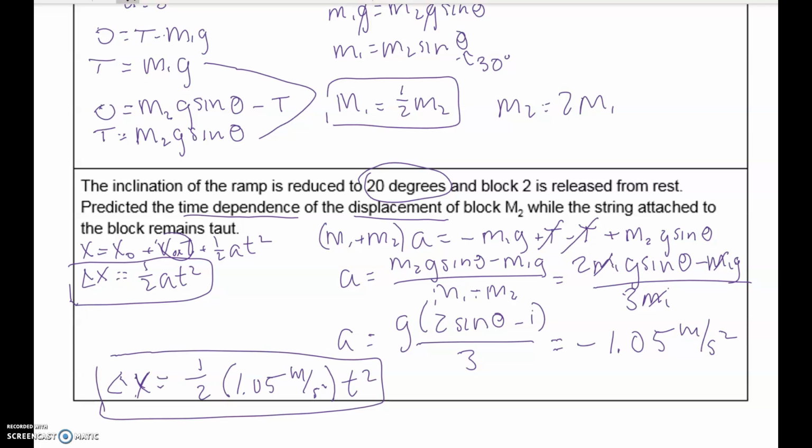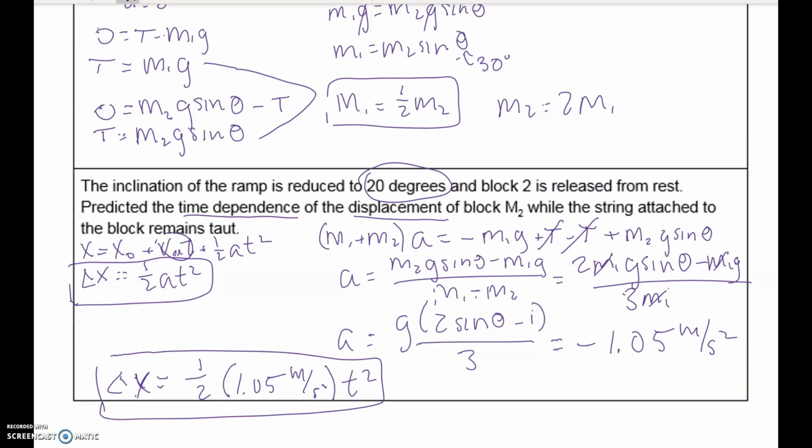What's useful about this equation is that we can compute how much each block displaces given the time. If we ask how far it moved in 1 second, we plug in 1 second there, multiply by that acceleration, and we get the displacement. It's pretty interesting, but the key to solving this part of the problem is that we had to realize we could use what we found before with the value of masses to solve for it.